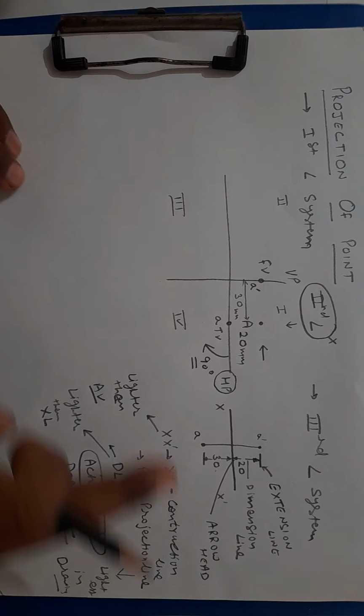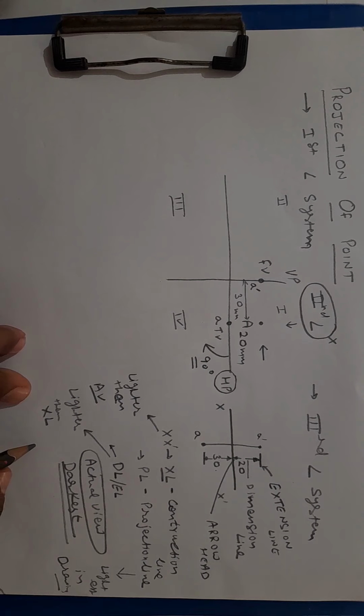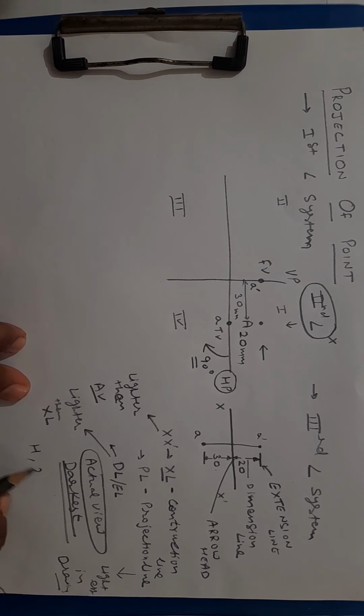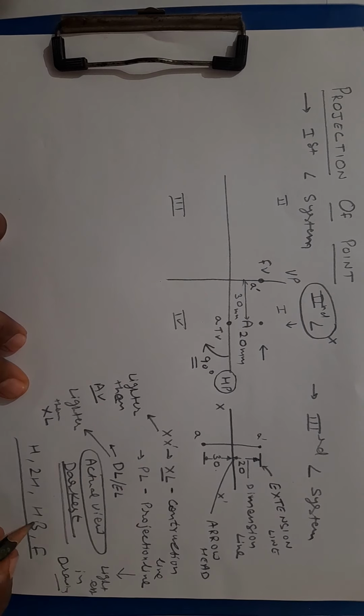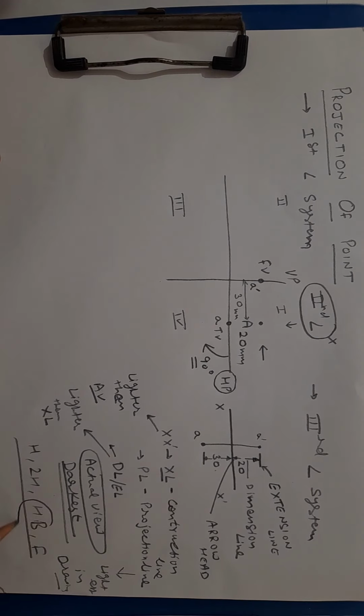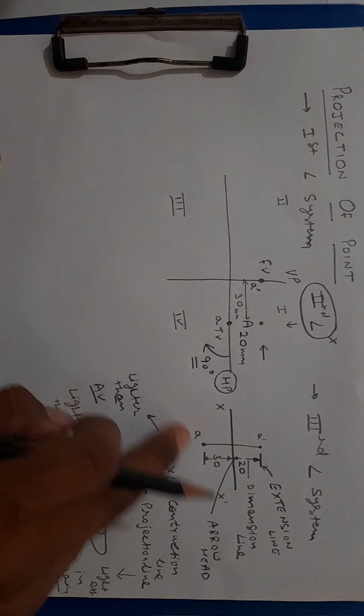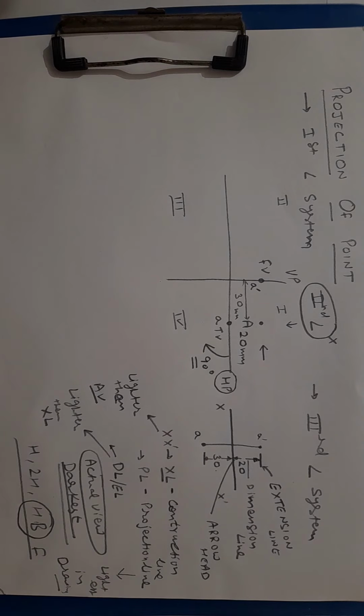For this lightness and darkness, we can use different pencils: H, 2H, HB, F. On the basis of softness, the darkness will increase. With less or more pressure, we can use just the HB pencil to plot this whole view. Okay.